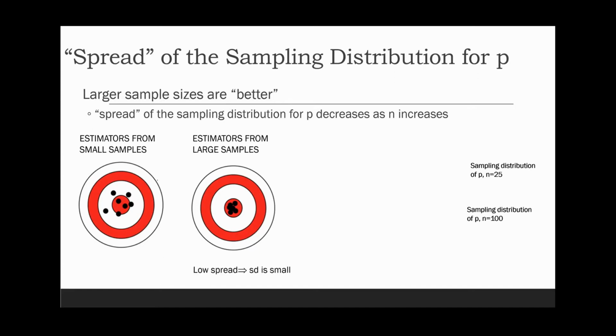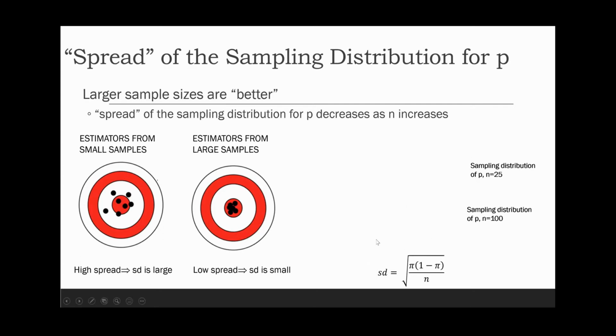If we start using what we know, we know that the spread of a data set is given by the standard deviation. So large samples have lower spread, which means the standard deviation has to be smaller. Conversely, smaller samples have more spread, so the standard deviation is going to be larger. But how do we compute the standard deviation from the sample size? This is what the central limit theorem tells us.